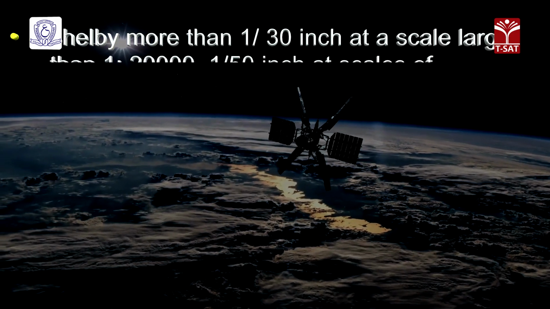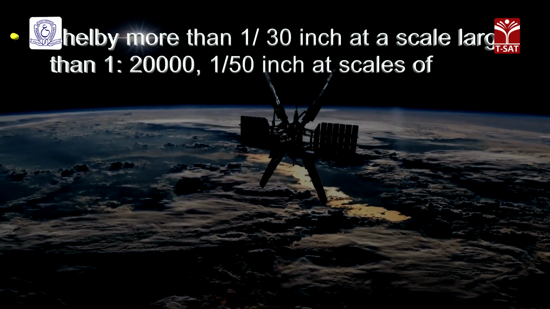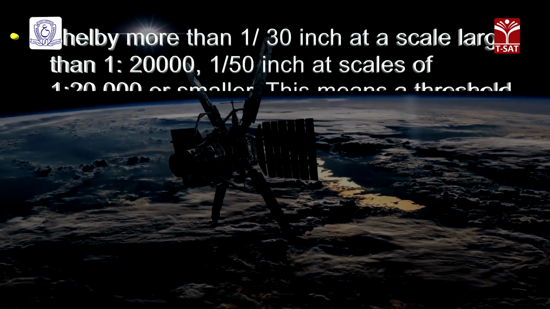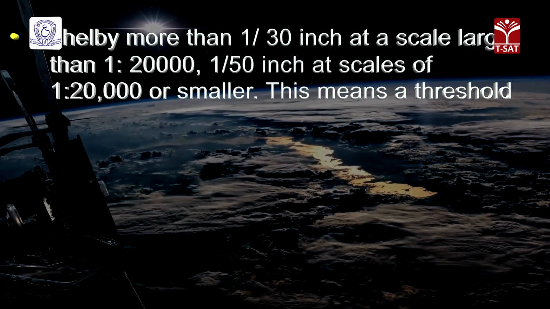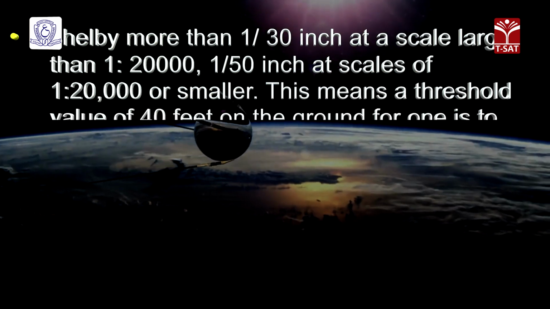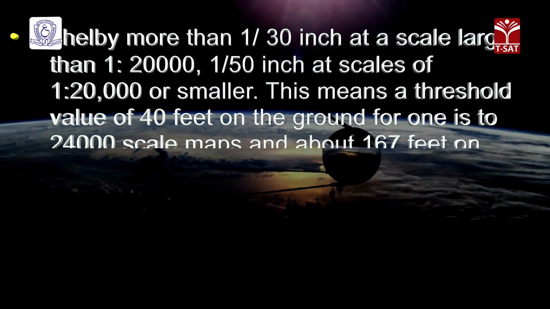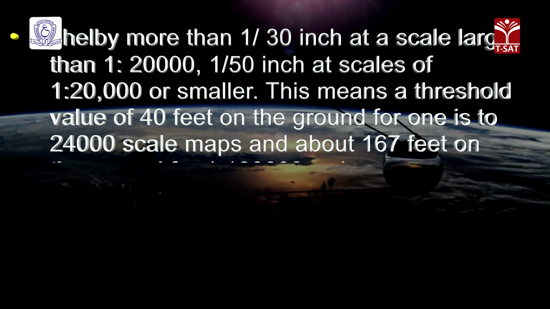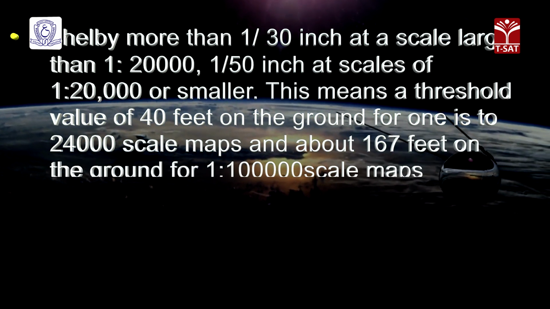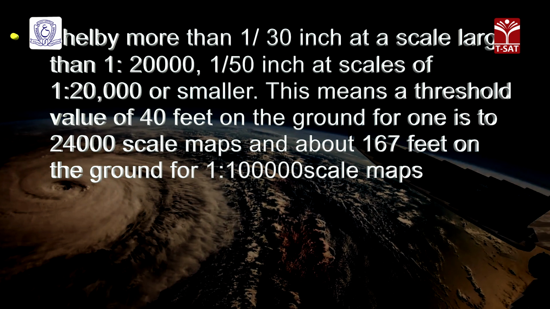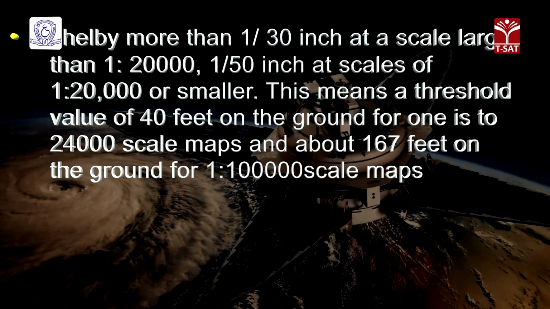The standards for horizontal accuracy require that no more than 10% of the well-defined map points tested shall be more than 1/30 inch off at a scale larger than 1:20,000 and 1/50 inch at scales of 1:20,000 or smaller. This means a threshold value of 40 feet on the ground for 1:24,000 scale maps and about 167 feet on the ground for 1:1 lakh scale maps.